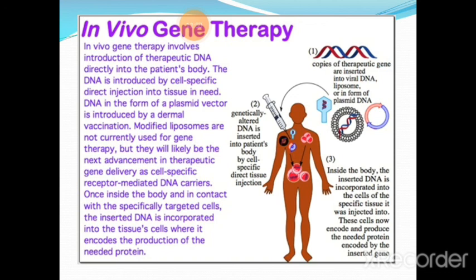Once inside the body, the inserted DNA is incorporated into the cells of that particular tissue, and these cells will now produce good functional proteins by the good genes, and therefore the patient becomes normal as far as that particular deficiency is concerned. This is what is done in in vivo gene therapy. Right now, modified liposomes are not currently used. They are making use of viral systems only.